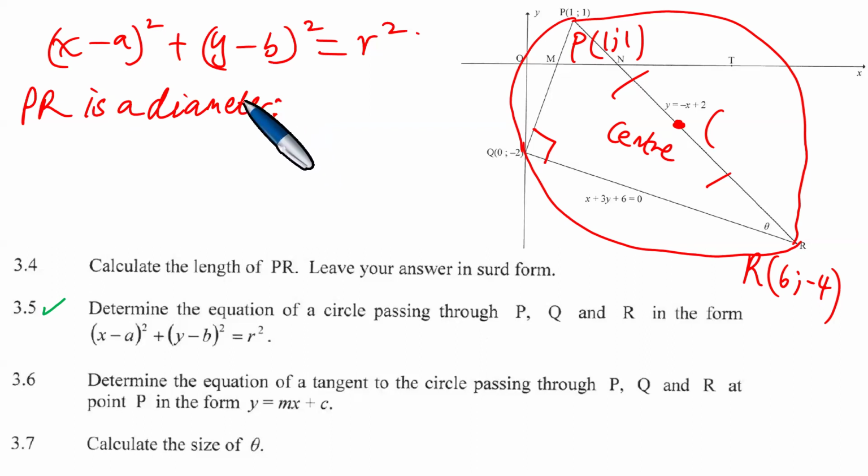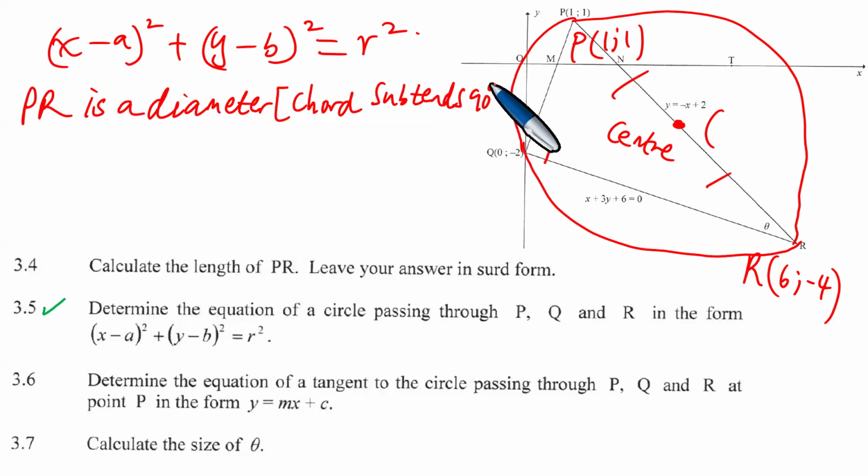Why is PR a diameter? PR is the diameter because it is a chord that subtends 90 degrees. So we are able to find the center of the circle.